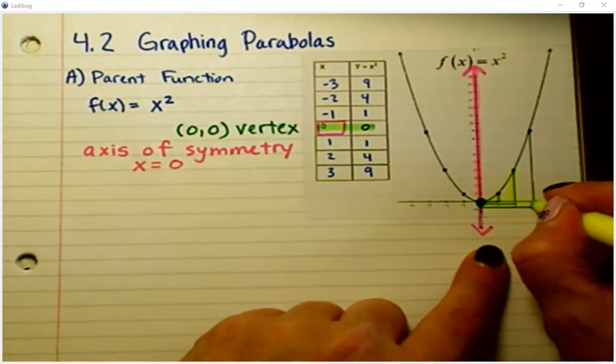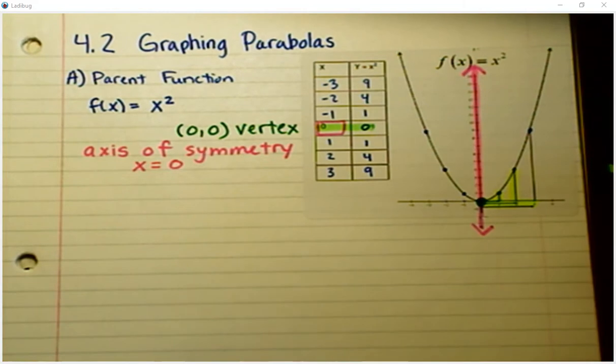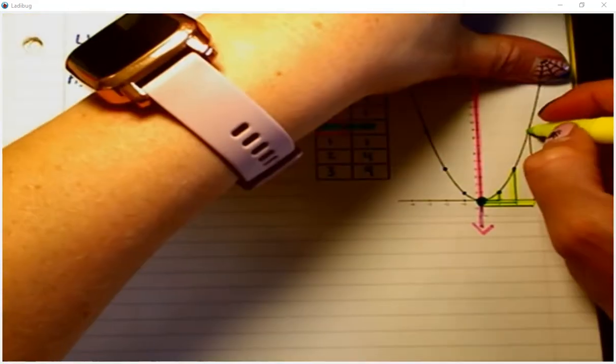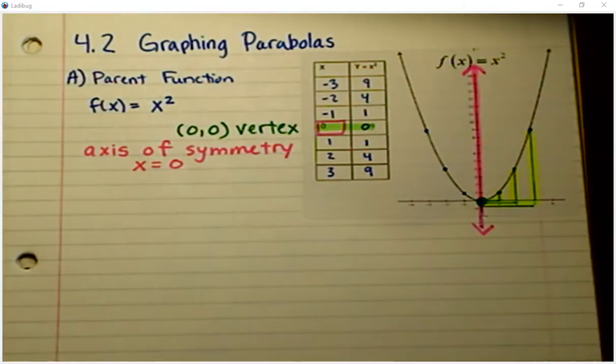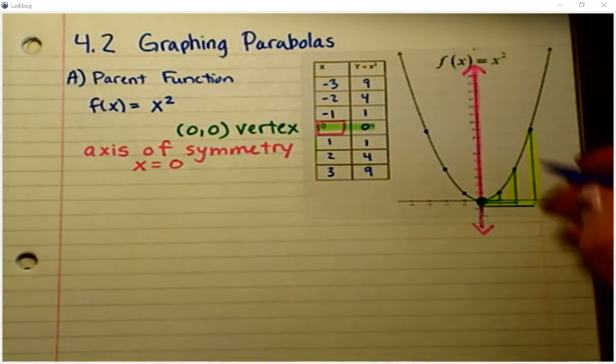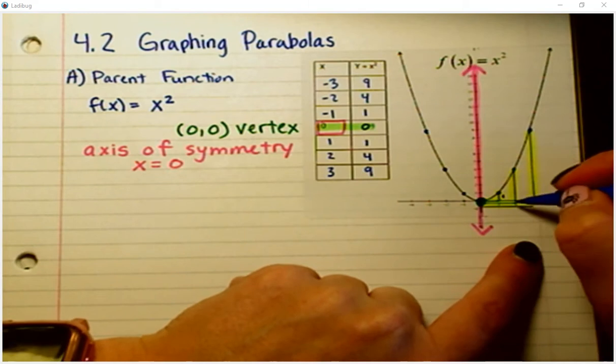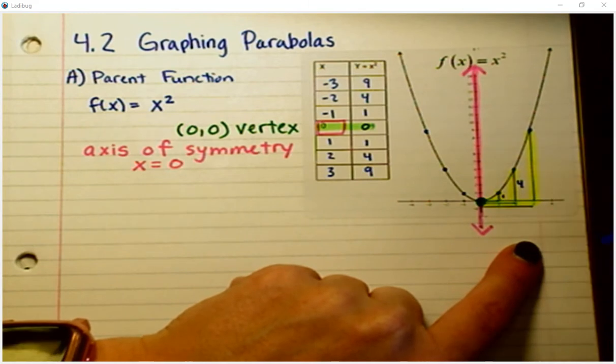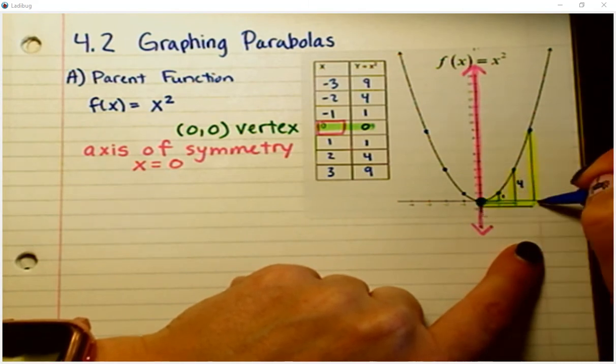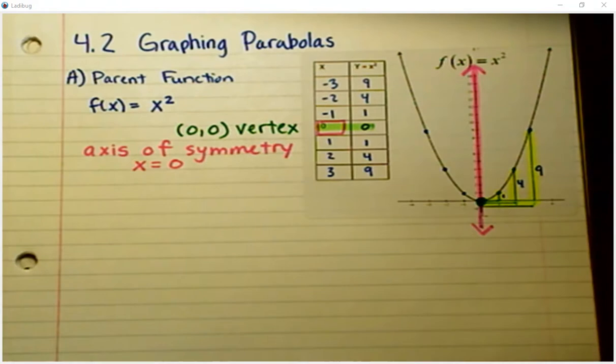If I go over 3 from the vertex, I go up 9. So I'm looking at how I count these points. So I go over 1, up 1. Over 2, up 4. Over 3, up 9.